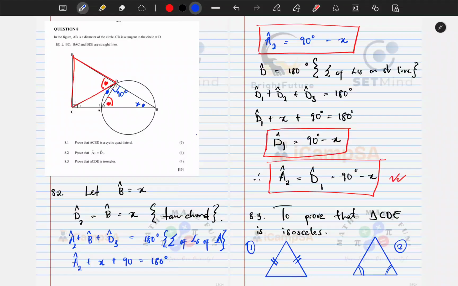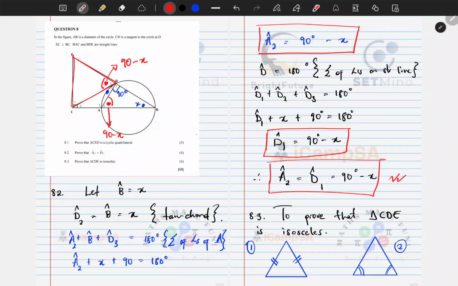Let's see how we can do that. That's going to be very easy because remember we have D1. D1 is already given as 90 minus x, and we had already proven that A2 is also equal to 90 minus x. And remember, A2 is an exterior angle of a cyclic quadrilateral, which is ACED.